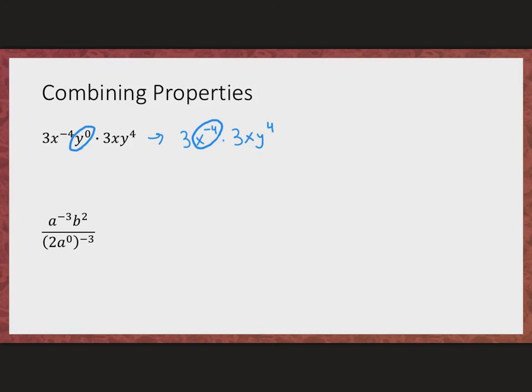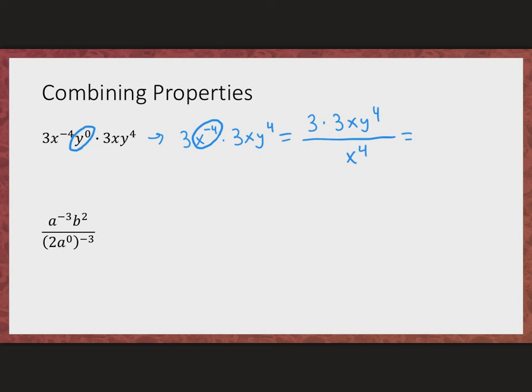But you might be saying there is no denominator. Well, there will be. Everything that isn't moving to the denominator will be written on top. 3 times 3xy to the 4th. And then the one thing I'm moving down, the x to the negative 4th, becomes an x to the 4th in the denominator. Now we're not quite done simplifying yet.